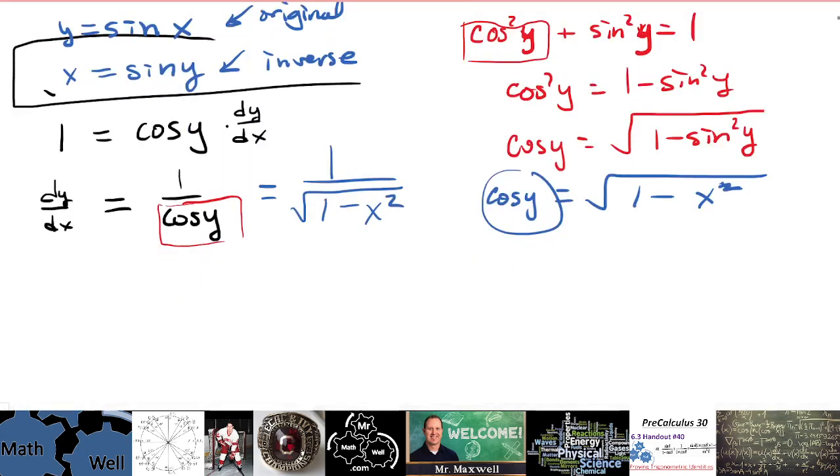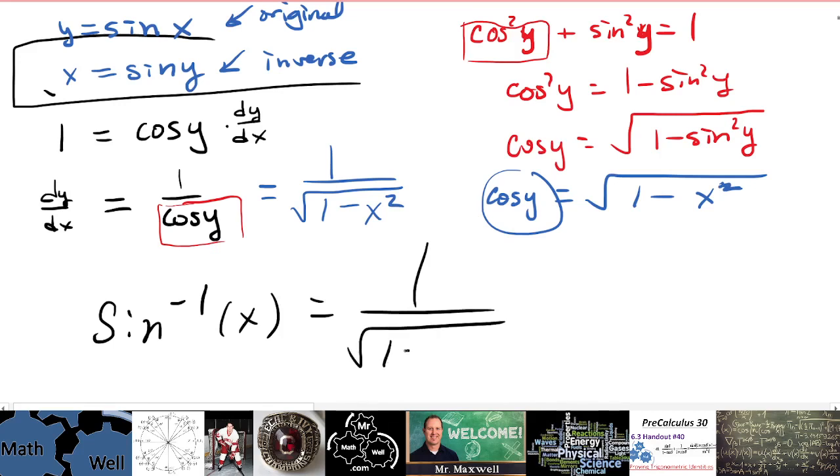So what does that all mean? Well, let's summarize that. If you have sine to the -1 of x, then the derivative is 1 over the square root of 1 minus x squared.